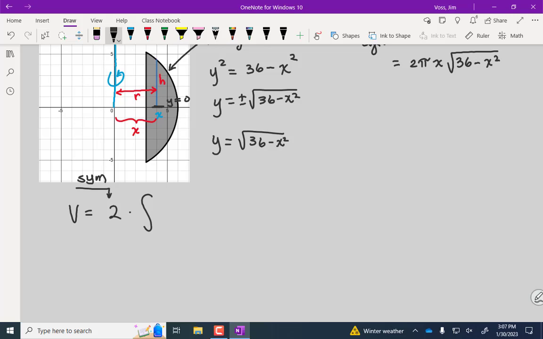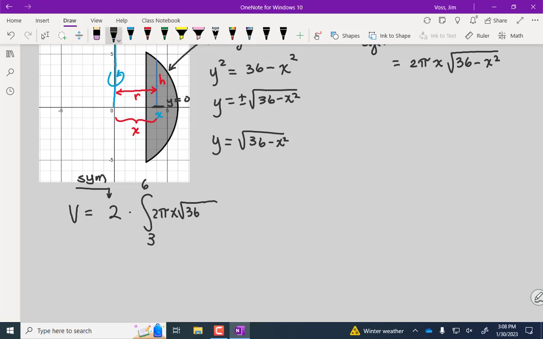So we have vertical elements for all those x's between 3 and 6. So it's 3 to 6 because we're integrating with a dx over here. So we know everything in here has to be x's. We know that we're looking at the x interval. And so 3 to 6 will give us everything. And then we have our 2 pi x multiplied by square root of 36 minus x squared.